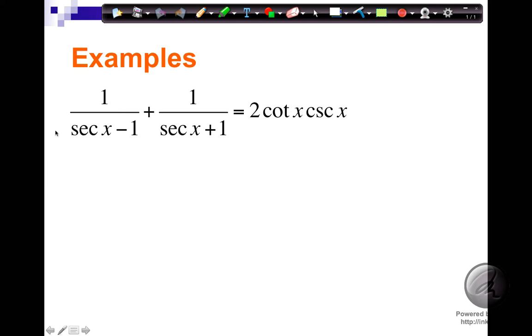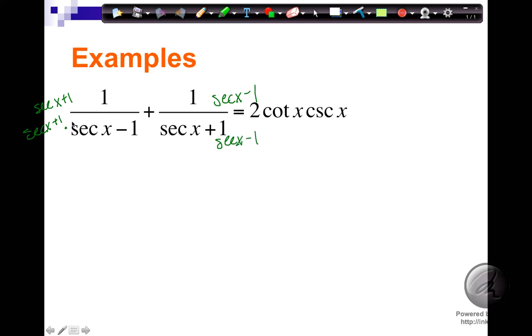So what I see here is one of our things on the last page said combine fractions whenever you can. Well, in this case, I have 2 fractions. They have different denominators. So in order to get common denominators, I have to multiply by each thing. So here I have to multiply by secant x plus 1 and secant x plus 1. Here I have to multiply by secant x minus 1 and secant x minus 1.